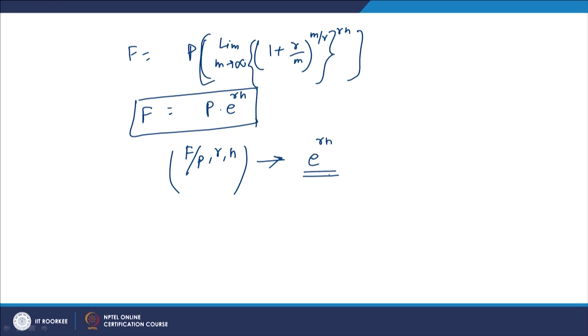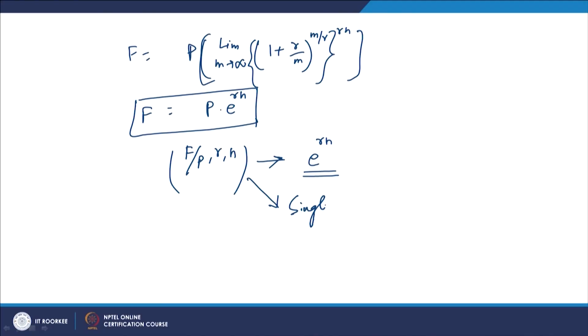In the earlier case you had this one as (1 plus i) raised to the power n, and in this case, as we discussed, 1 plus i is e raised to the power r, and since it is raised to the power n, it will be e raised to the power rn.